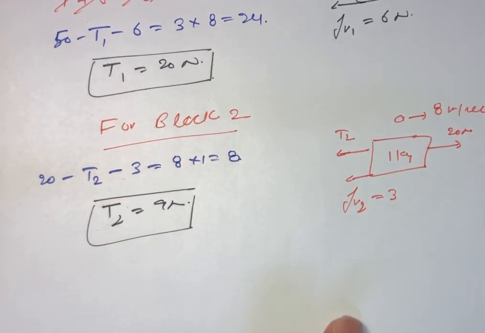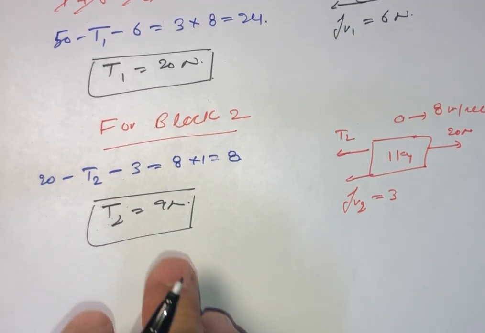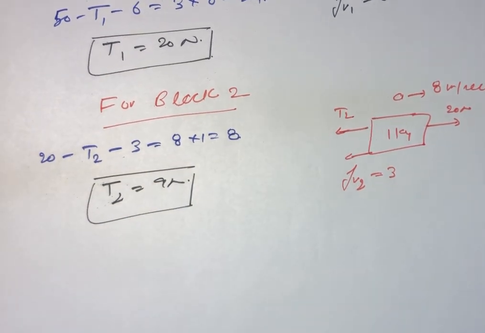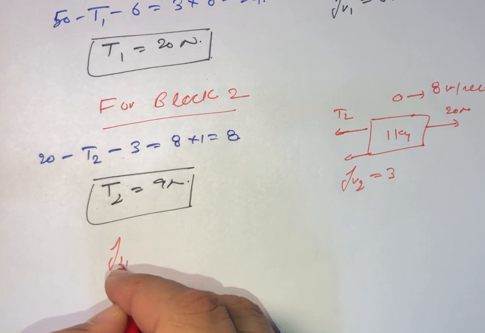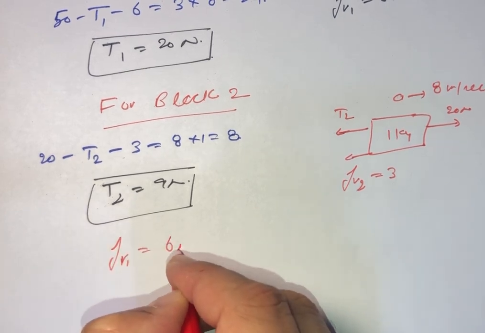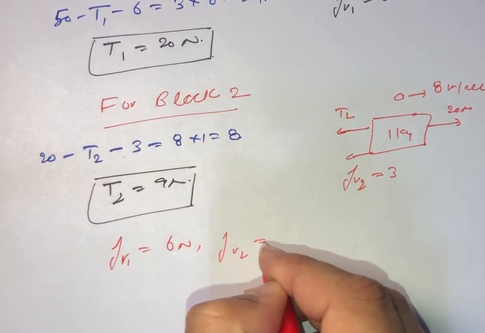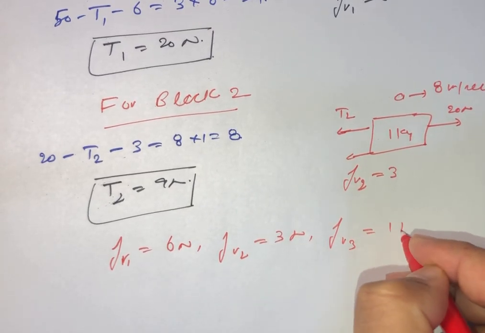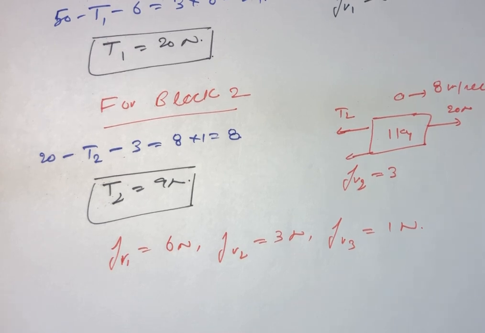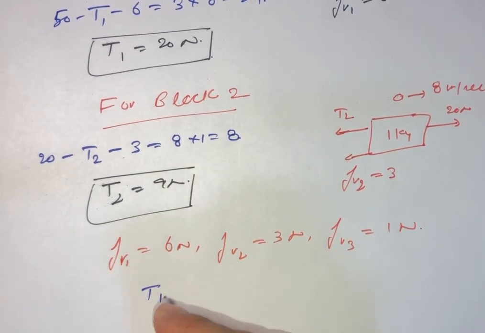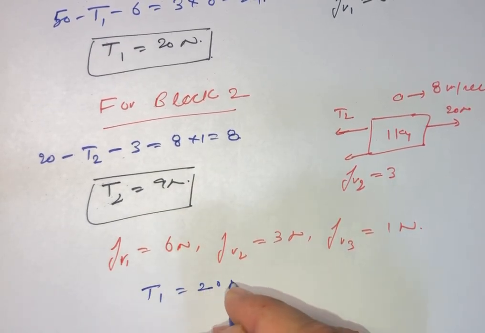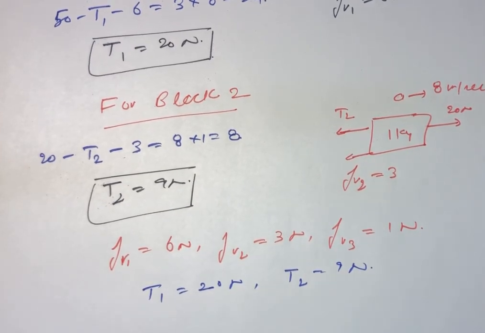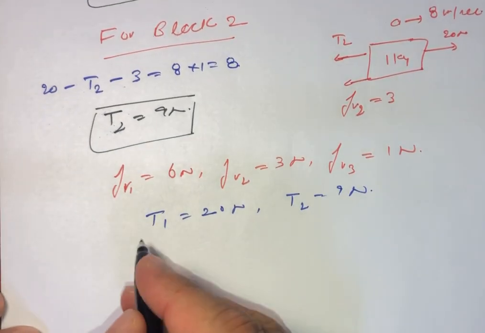Okay. So it means we found out the values. Let me write it here. We have Fr1 equal to 6 Newton, Fr2 is 3 Newton, Fr3 is 1 Newton. We have tension T1 as 20 Newton, tension T2 as 9 Newton, and the acceleration.